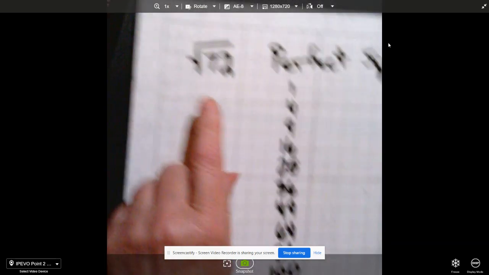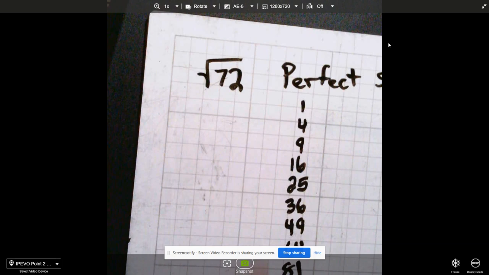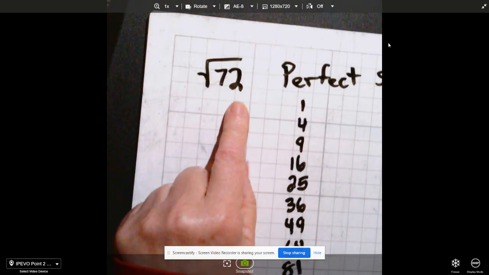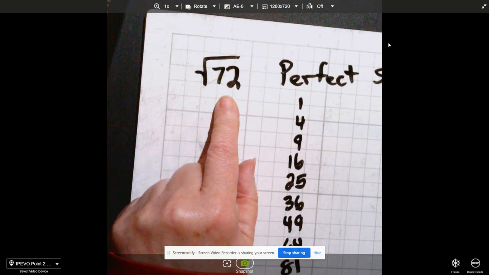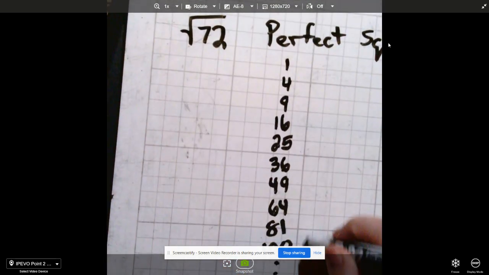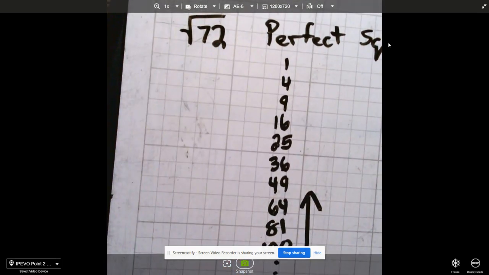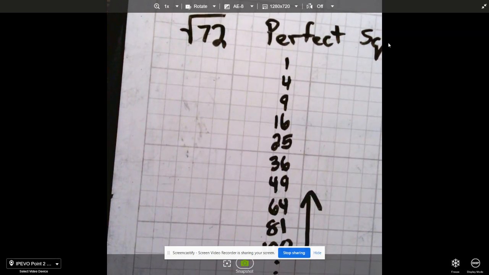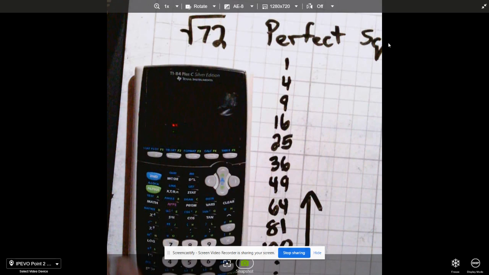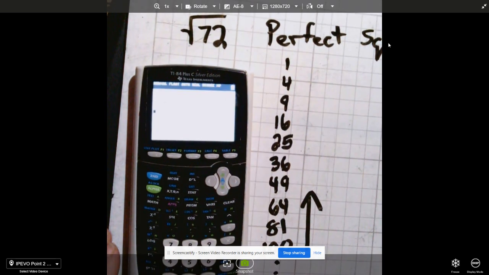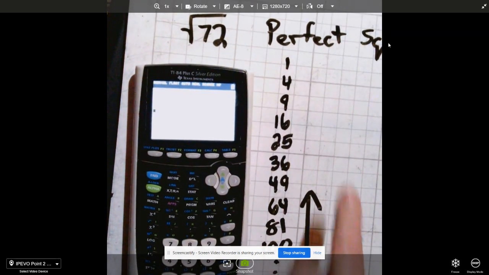And what you want to do is find out which one of these perfect squares 72 is divisible by. Evenly divisible by means no remainder. And you kind of want to work your way backwards because you want to find the biggest perfect square. And sometimes what I do is I'll just grab my calculator, put it on this side so you can see it, and I'll just go ahead and start dividing.